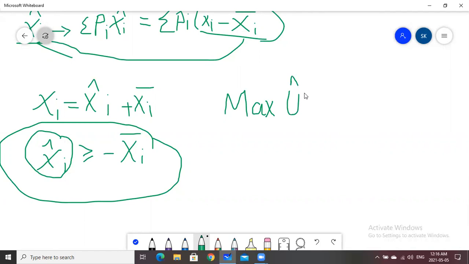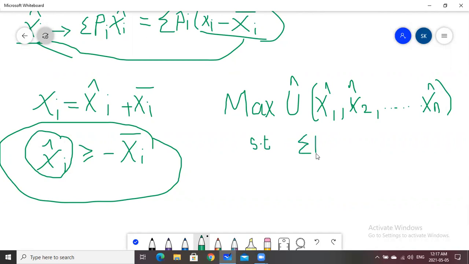Therefore, the optimization problem will be written as maximize u hat given x1 hat, x2 hat till xn hat, subject to the constraint, the budget line, which states that summation pi xi, because the consumer has a budget and within that budget he can purchase or consume his goods, is less than or equal to 0.